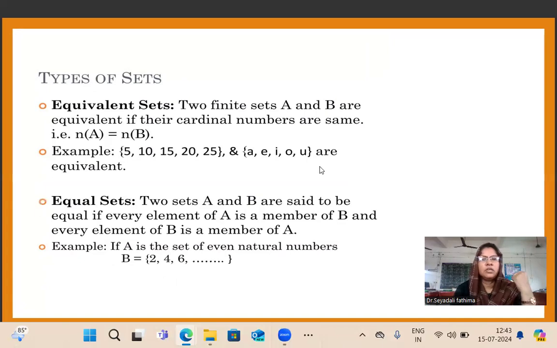Equal sets: two sets A and B are said to be equal if every element of A is a member of B and every element of B is a member of A. For example, if A is the set of even natural numbers and B equals {2, 4, 6, etc.}, the sets A and B are equal.